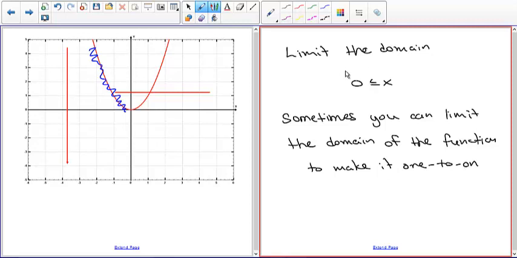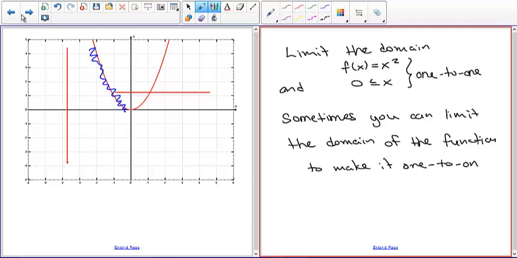So if I said f of x equals x squared, and x can only be 0 or positive, then this combination is one-to-one. Without limiting the domain, it is not one-to-one. So if I just said f of x is x squared, there is no inverse to that.